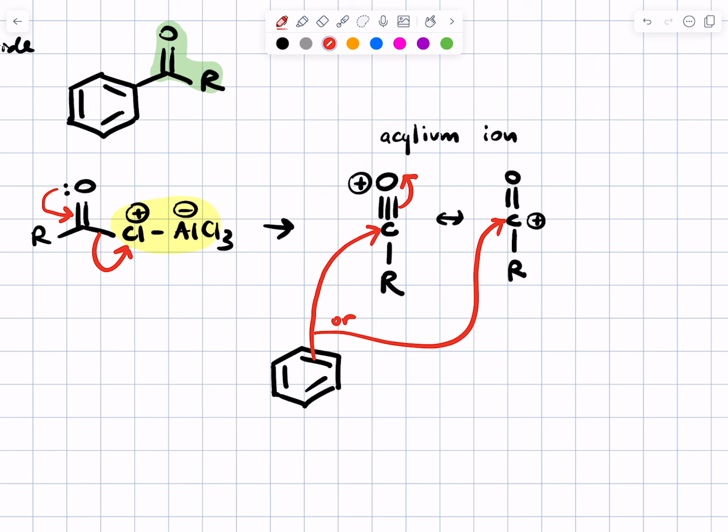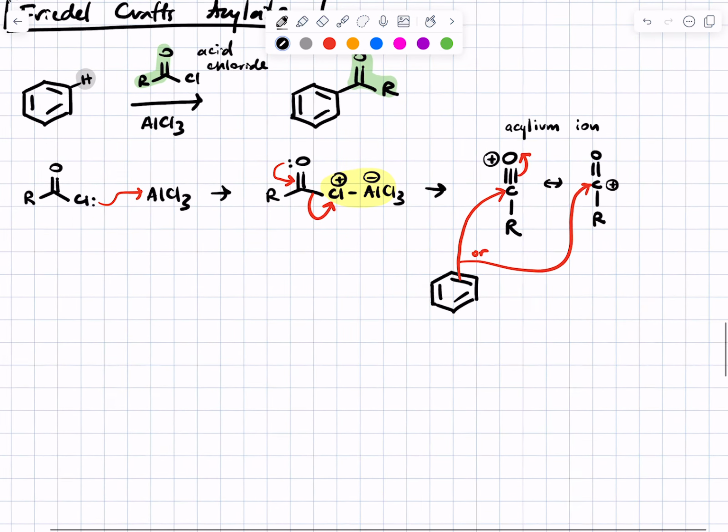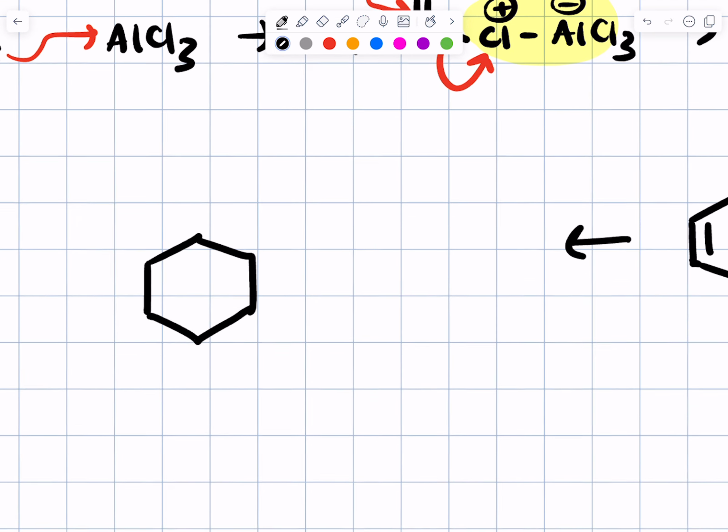Benzene pi electrons attack the carbonyl carbon to make a new carbon-carbon sigma bond. Okay, and the intermediate that you get looks like this. Again, we're going to have an adjacent positively charged carbon and then a carbon where we just attached the electrophile.